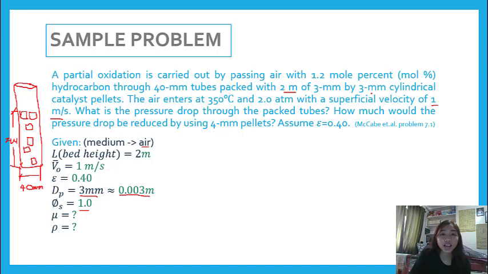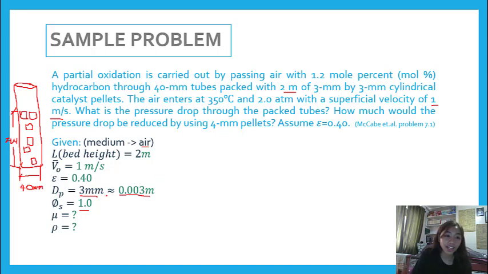This comes from the table of sphericity of miscellaneous materials. If we are given short cylinders, we can assume that the length of the cylinder is equal to the diameter of the particle. So L is equal to dp, and since L is 3 mm, our dp is also 3 mm.